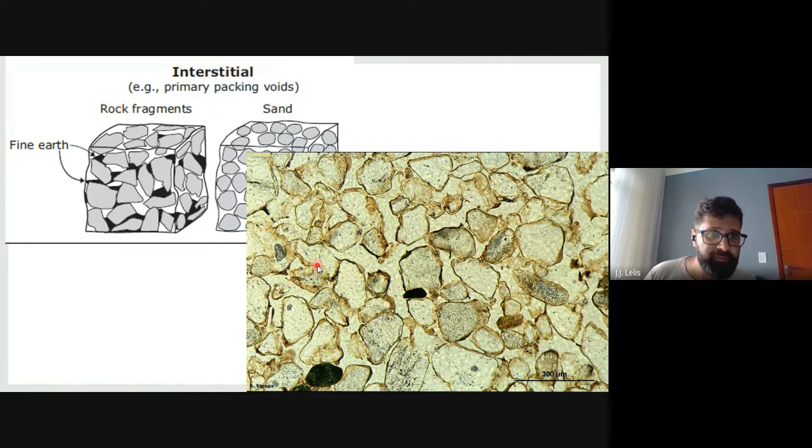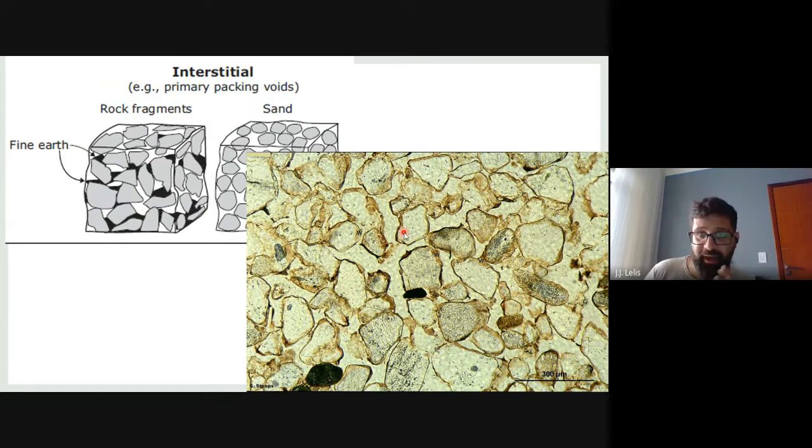We can also see the interstitial voids. They are formed by the contact between the coarse material, like fragments of rocks or even coarse fragments like sand. We can see easily in this white area that we have pores formed between these coarse grains, this sand and this sand grains.